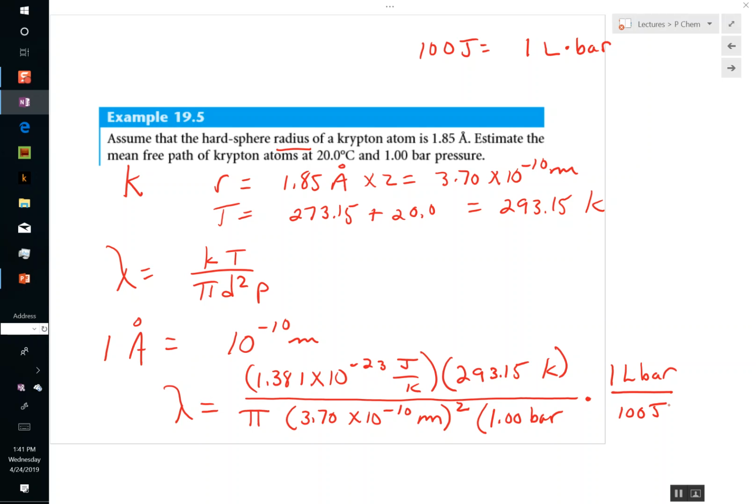And then a liter is a tenth of a cubic meter. So our bars are going out, our liters are going out, our joules are going out, Kelvin is going out. Where did you get the K value again? K is Boltzmann's constant.